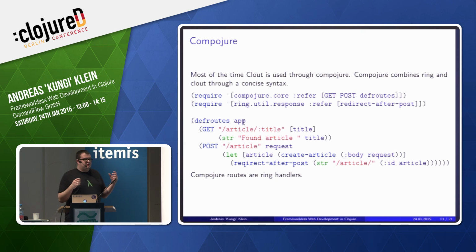And so the request comes in, goes into our app function, and then goes through all this Clout matching here. And when it matches, it calls the code in, for example here, found article with title, or it creates some redirect, this should be a redirect after post, actually, but doesn't matter. So Compojure just combines all of this and provides a comprehensive routing framework.